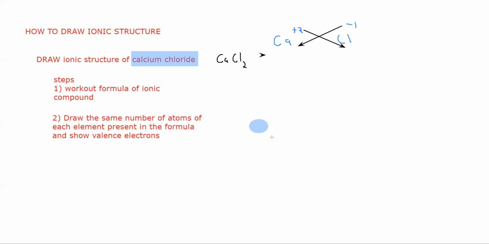So this is calcium, the nucleus of a calcium, and I don't have to draw all the electrons. This is just the valence, the last shell. And how many electrons will be there in the last shell for calcium? It will have 2 electrons. Then I have to draw 2 chlorine atoms first.